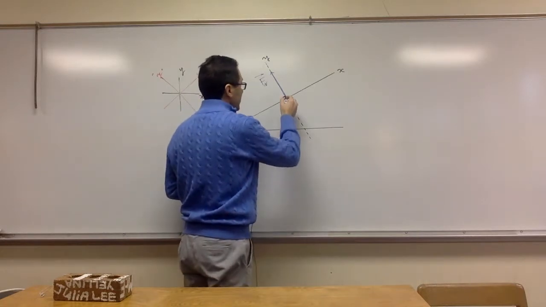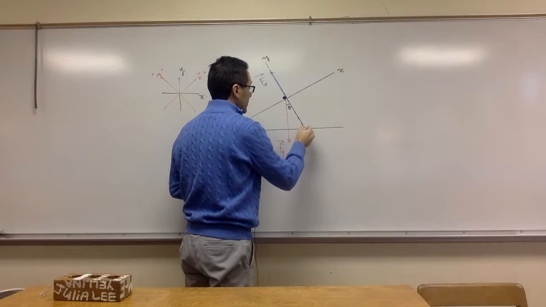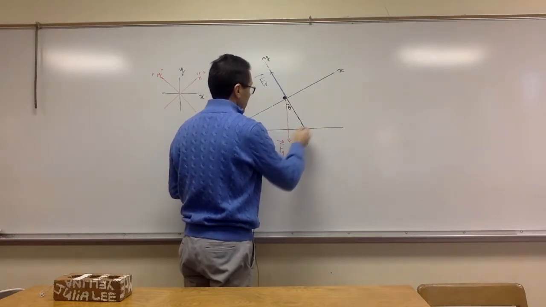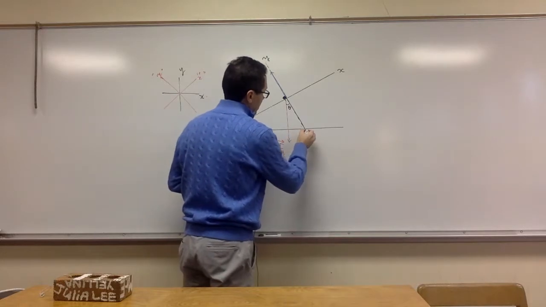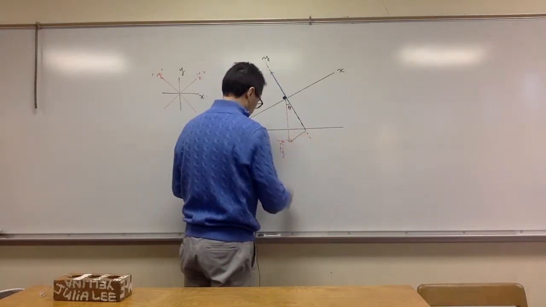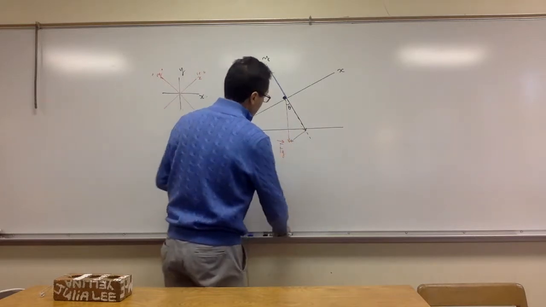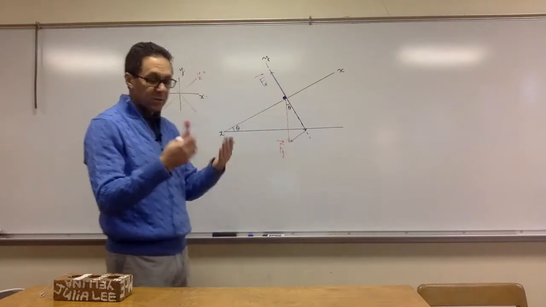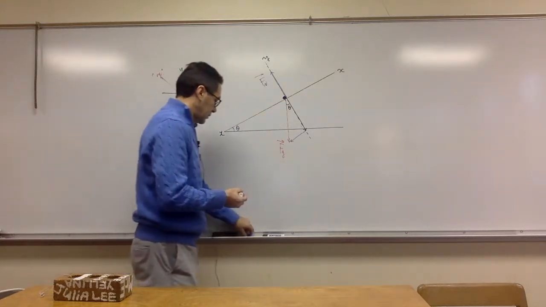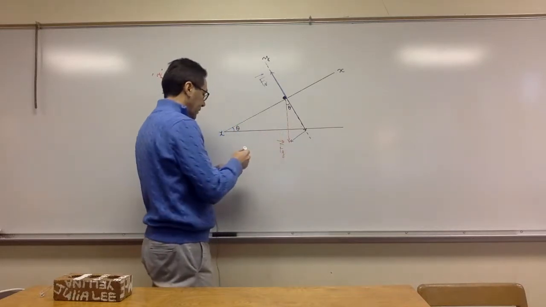It has to be split into a component along the y direction and a component along the x direction. Now this blue component here has to be parallel to the x-axis because it's along the x direction. The other one has to be perpendicular because it's along the y direction.